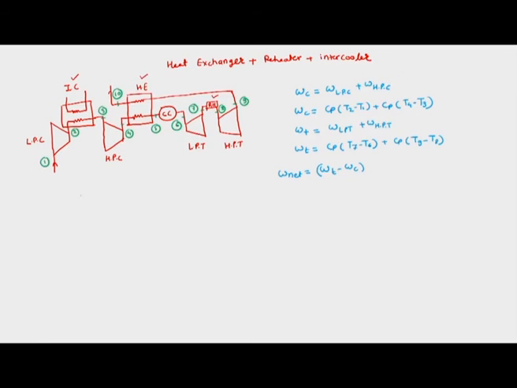But what is Q in? Here Q in is again in two places, one in the combustion chamber and one in the reheater. So the combustion chamber is Cp into (T6 minus T5) and the reheater is Cp into (T8 minus T7).